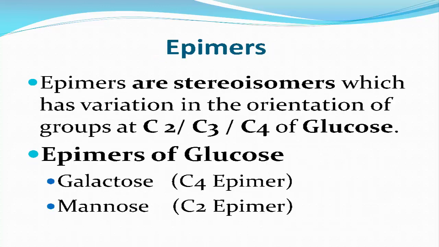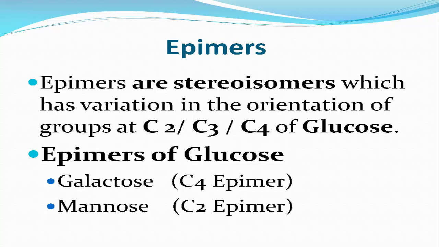So the next type of isomer that we discuss is epimer. So what is epimer? In the first structure, when we discussed the D and L isomer of glucose, we saw that there were 4 asymmetric carbons, but only the last one we considered for D and L. So the position can also differ in the other 3 asymmetric carbons, that is C2, 3 and 4.